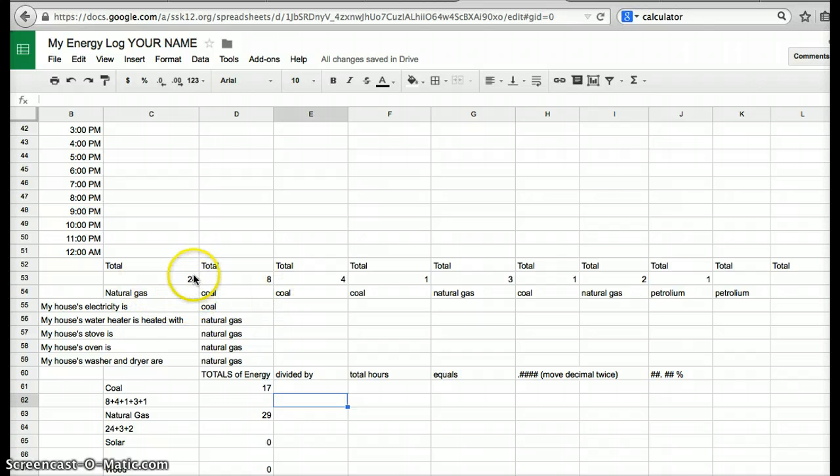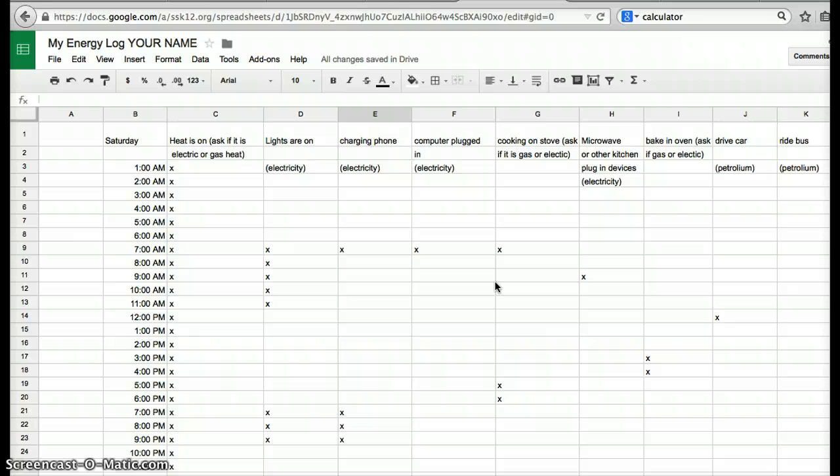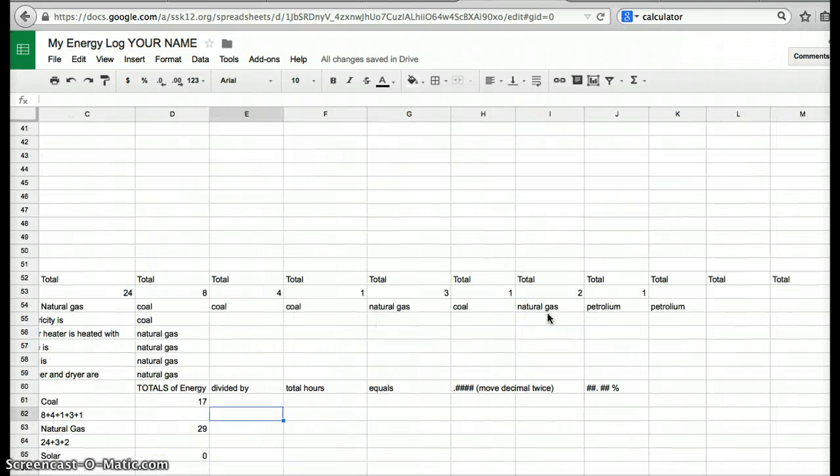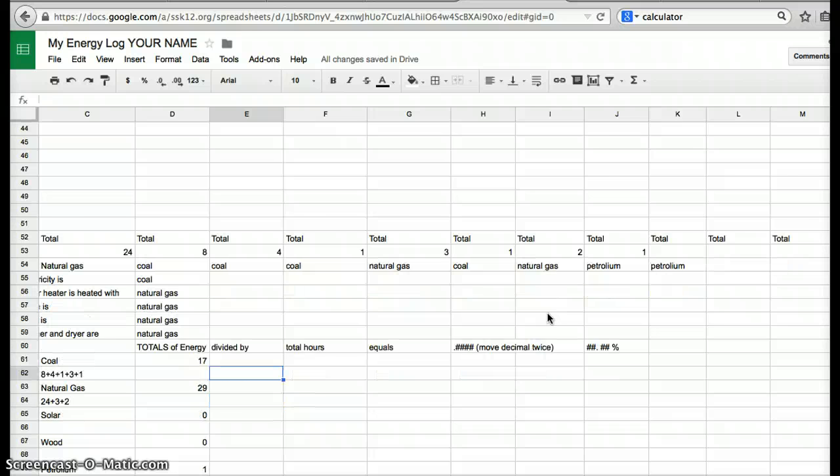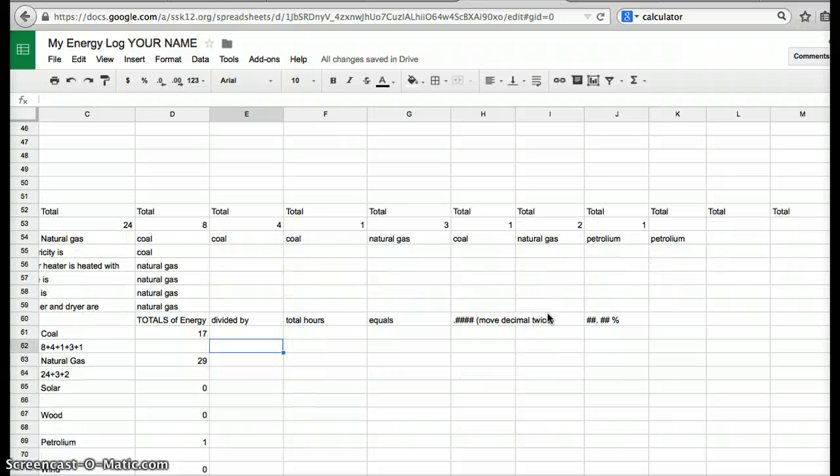We said, okay, so if we used natural gas to heat our house for 24 hours, and we used natural gas to cook for 2 hours, and we used natural gas for, what did we use it for? Oh, to cook and to bake. All right, so we used it to cook and then to bake for the oven and the stove. How many hours in all did we use just natural gas?